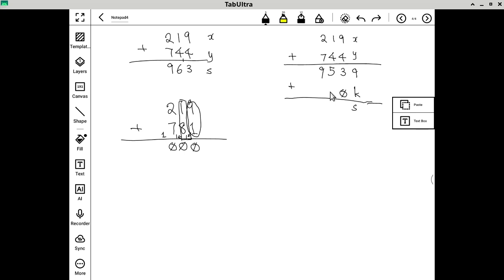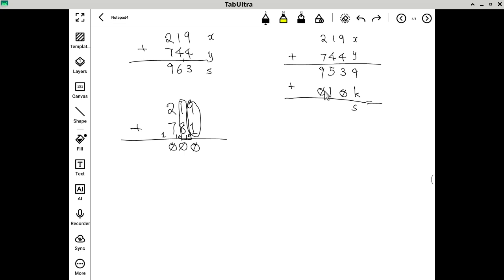When we add 9 and 4, that already has a carry. So we say, oh, there's a carry over here. And then when we look at the carry position over here, we ask, does 1 plus 4 end up with a carry? Nope. Does 5 plus 1 end up with a carry? Nope. So we do not have a carry over here. Is that okay?